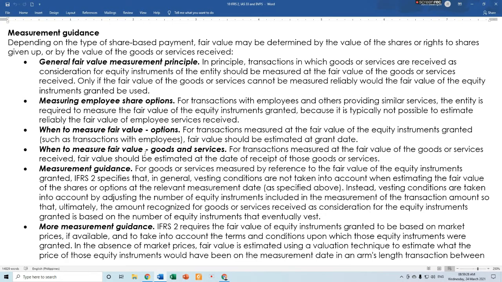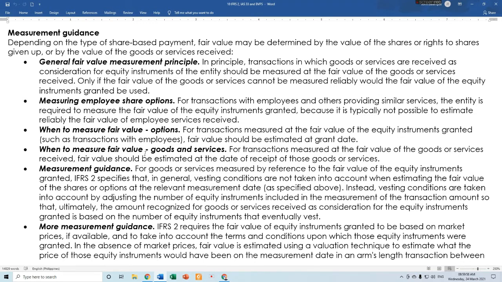So, we go to the general guidelines natin. So, first, general fair value measurement principle. Okay. Transactions in which goods or services are received as consideration for equity instruments of the entity should be measured at the fair value of the goods or services received. Okay? Only if the fair value of the goods or services cannot be measured reliably would the fair value of the equity instrument granted be used.